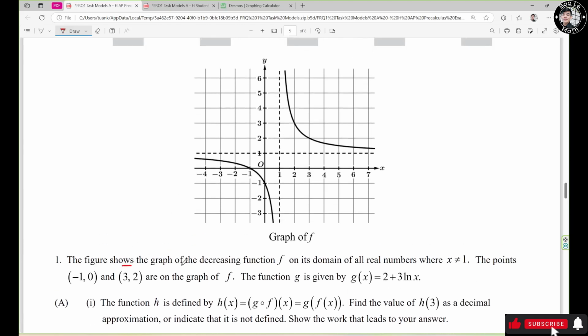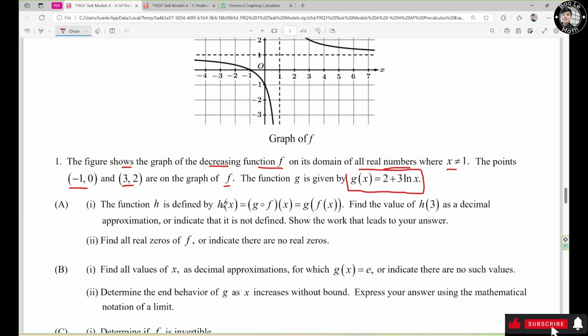The figure shows the graph of the decreasing function f on its domain of all real numbers where s is not equal to 1. The points (-1, 0) and (3, 2) are on the graph of f. The function g is given by g of s equals 2 plus 3 natural log of s. The function h is defined by h of s equals g of f of s.